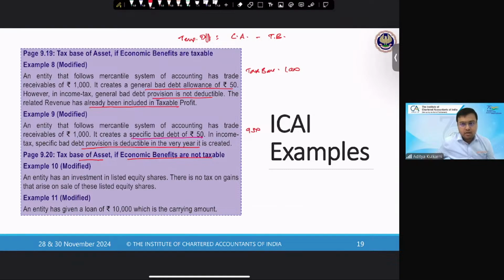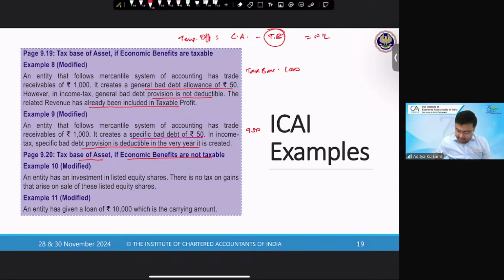Now, the income from this asset is not taxable. That means there will be no tax implication on this asset, and that is why temporary difference should become nil. Because temporary difference should become nil, they say that tax base is equal to the carrying amount. Are we okay with this? Yes, sir. Okay, more or less that's fine.